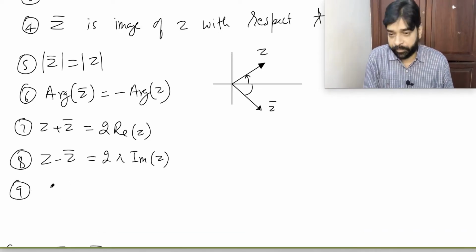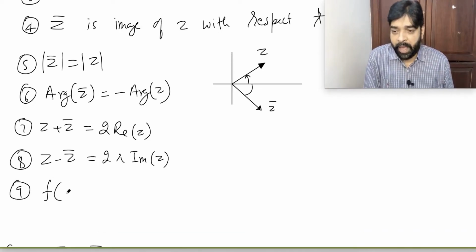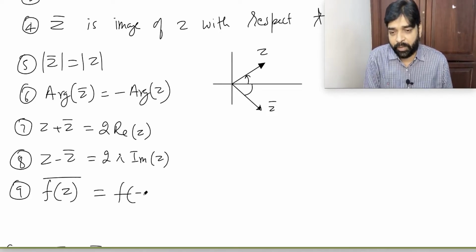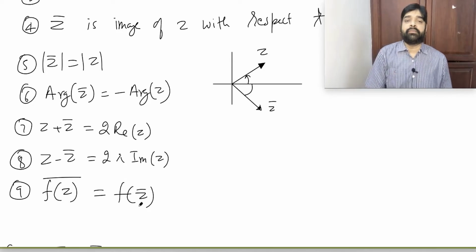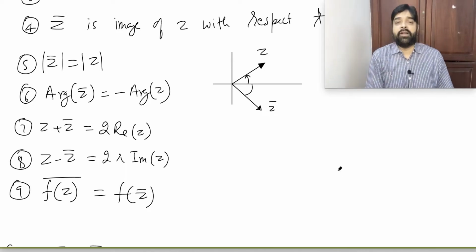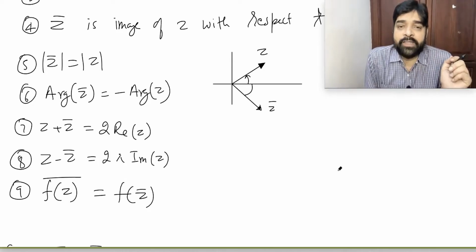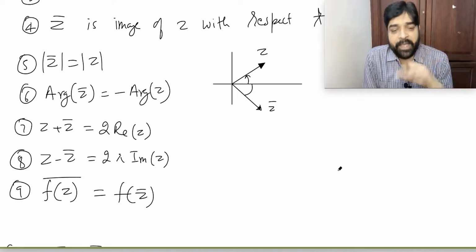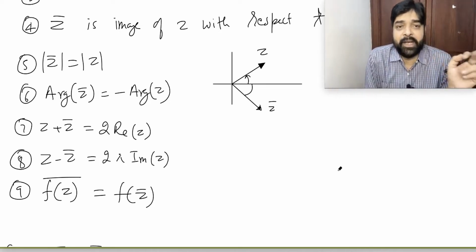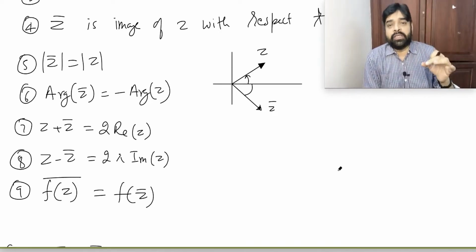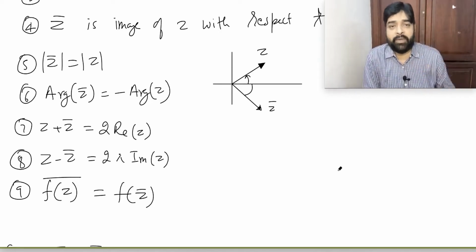Ninth one. f(z) whole bar is always equal to f(z bar), meaning if any expression of complex numbers is given and you put the bar on that expression, then when the bar goes inside, it will come everywhere.